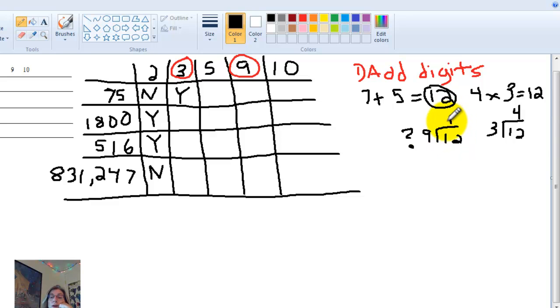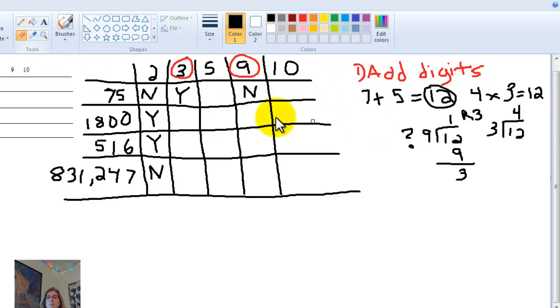Because 1 times 9 is 9, then you've got 3 left over, a remainder of 3. So this is not divisible by 9. That means the whole number 75 is not divisible by 9, whereas it is, in fact, divisible by 3. The whole number 75 is divisible by 3. So this one is not divisible by 9.